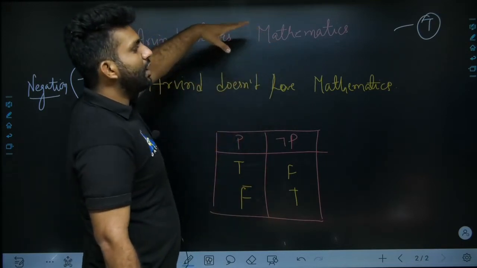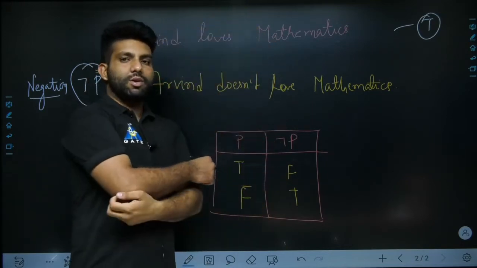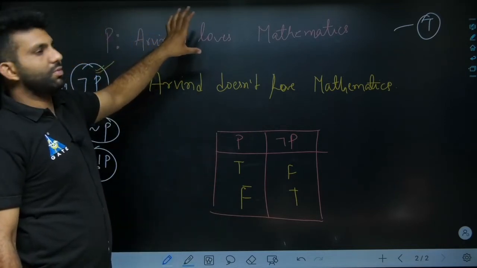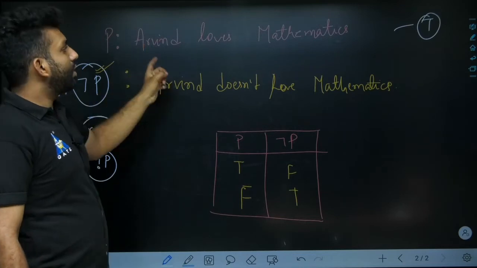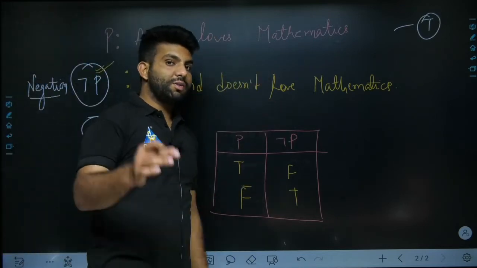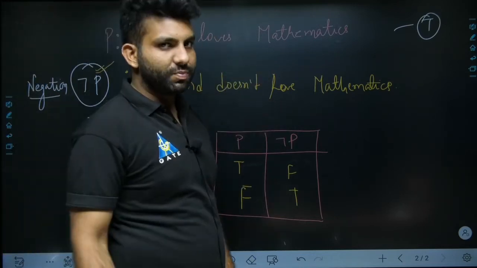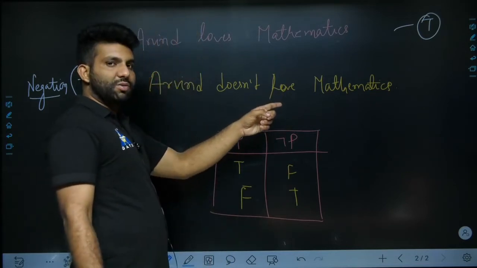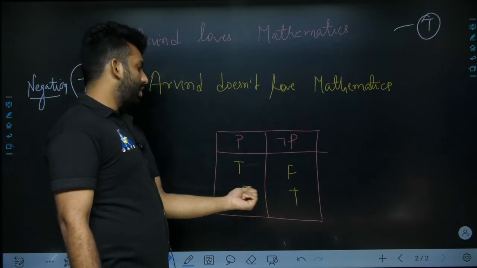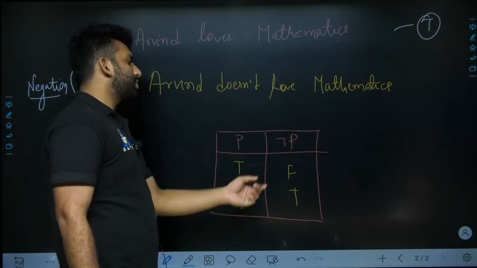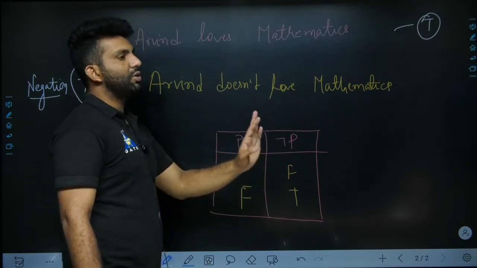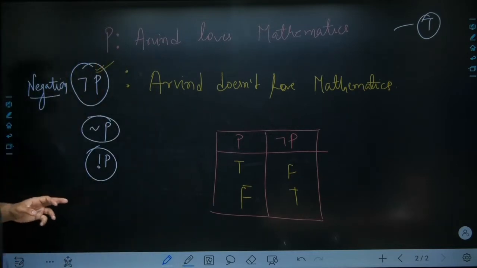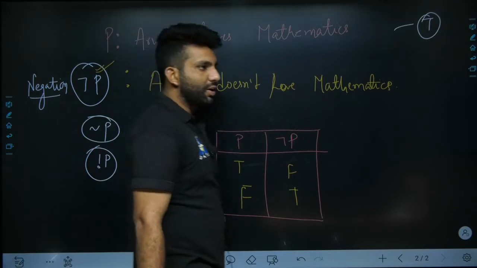What if its value was false? Arvind loves mathematics is false, that means Arvind doesn't love mathematics, which is the negation statement, so its value is true. If the proposition was false, in that case negation of P will be true for sure. So this was our negation, or simply the not logical operator or connective.